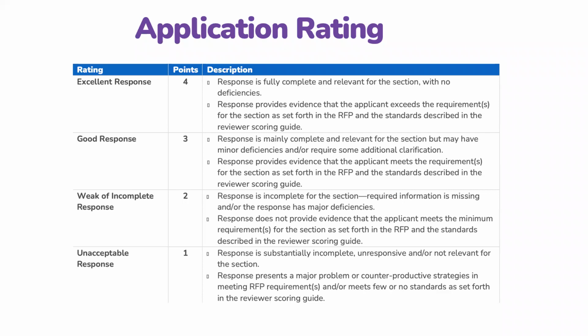An excellent response, a 4, is essentially you responded to every single requirement in the RFP, demonstrated that through your application, and went above and beyond, exceeding the requirements set forth by the solicitation.